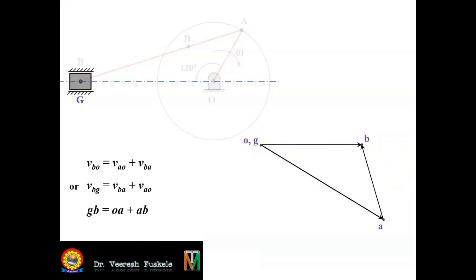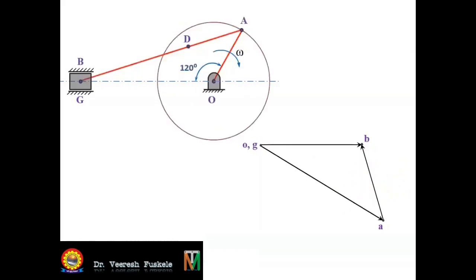Next, you have to obtain this point D in the velocity diagram. We know that the velocity of any intermediate point can be determined by the ratio of the lengths of the sides.